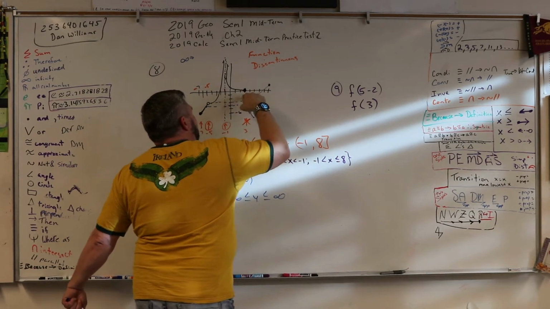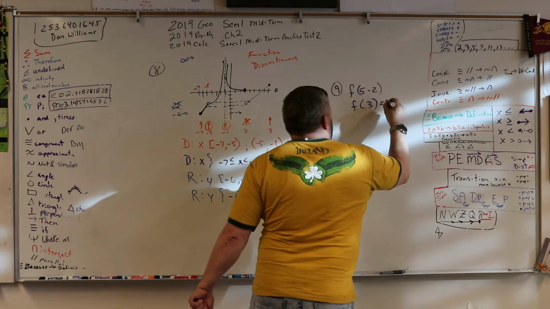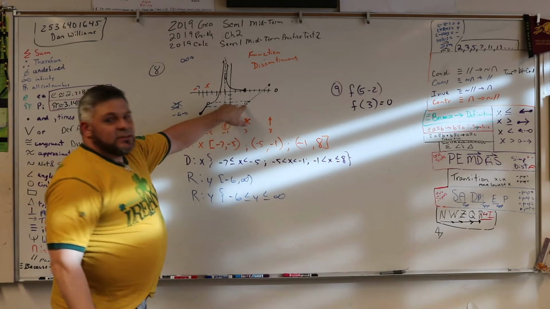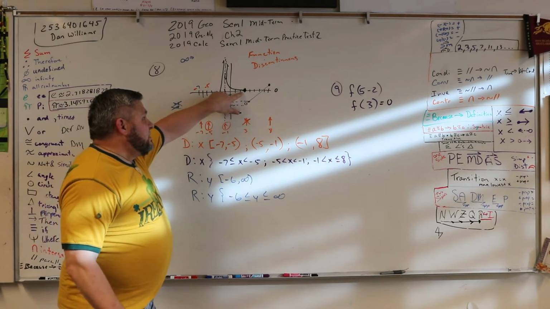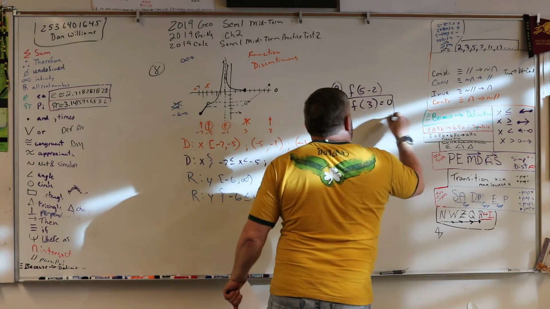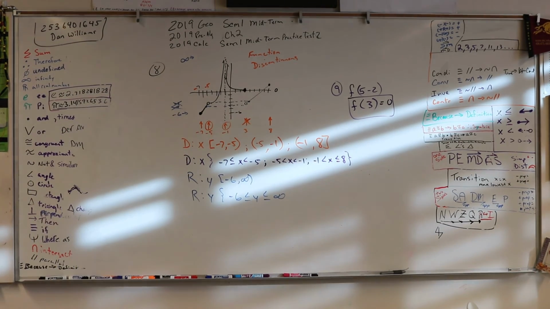And x is 3, y is 0. Right? So f of 3 is 0. Okay? It's not this one. It does not exist. So it's sitting here at 0. So f of 3 is 0. That is your answer for 9. And there you go. Little trick question on that one.